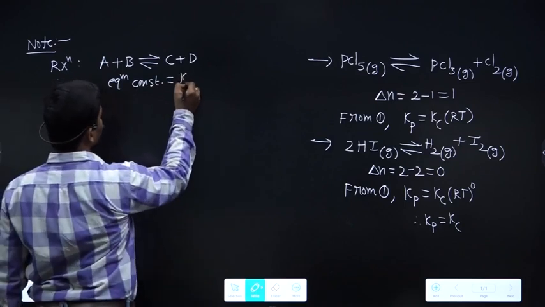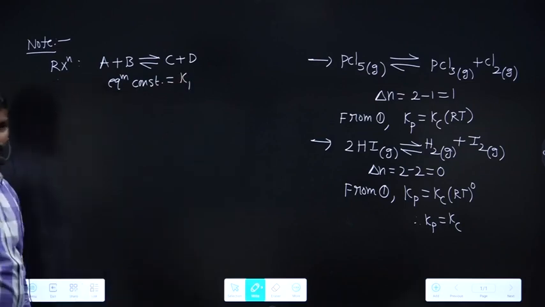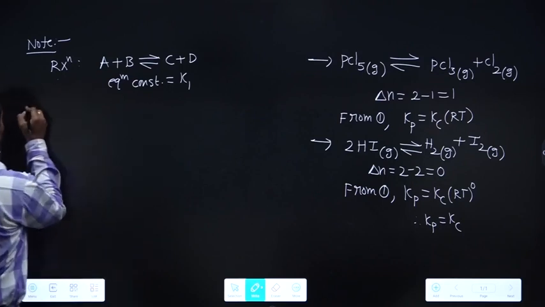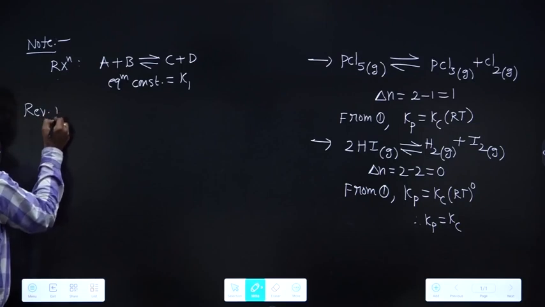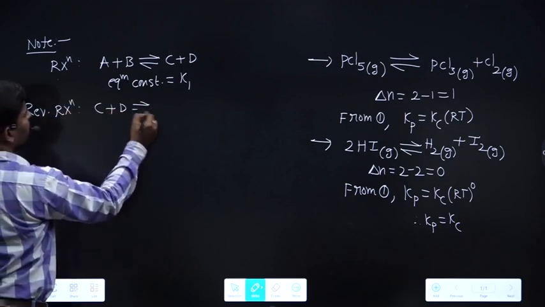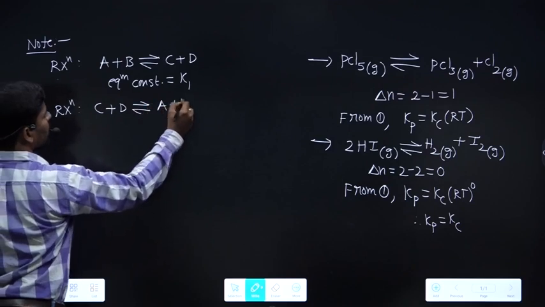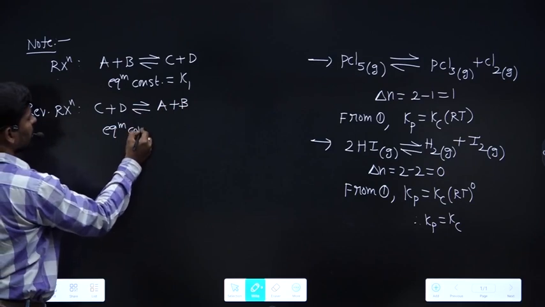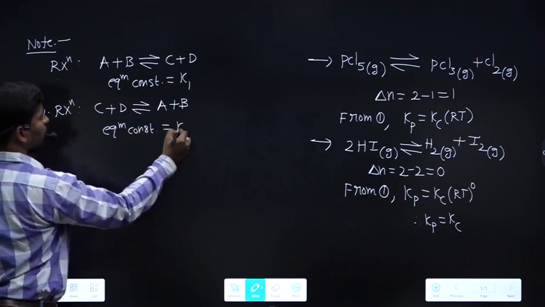I am giving the equilibrium constant as K1. Now if you take the reverse reaction, that is C plus D in equilibrium with A plus B, I am taking the equilibrium constant as K2.